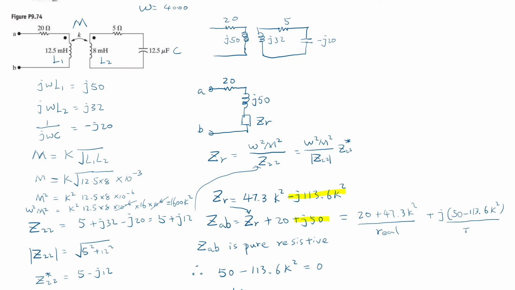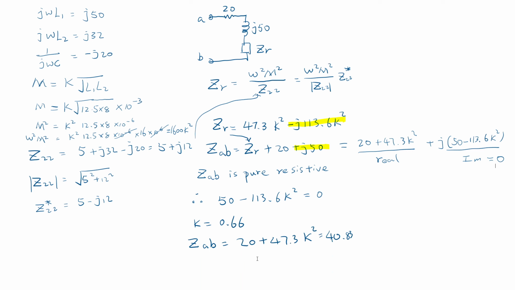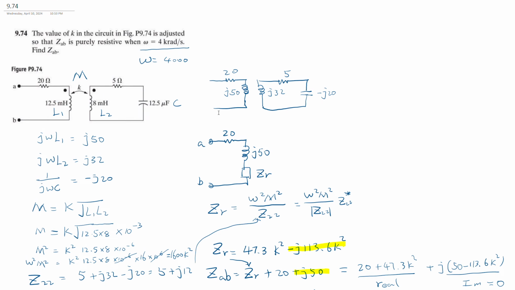That's the imaginary part. Okay, this imaginary part should equal 0 because it's purely resistive. So 50 minus that one equals 0, then you can solve that very easily. K equals 0.66. Okay, and this ZAB is a purely resistive 40.83 ohms here. Okay, that's it for this question.